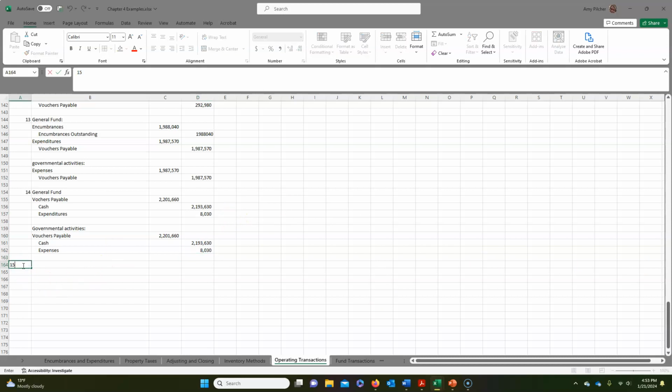Okay. Transaction 15, we are paying back the tax anticipation note with cash.